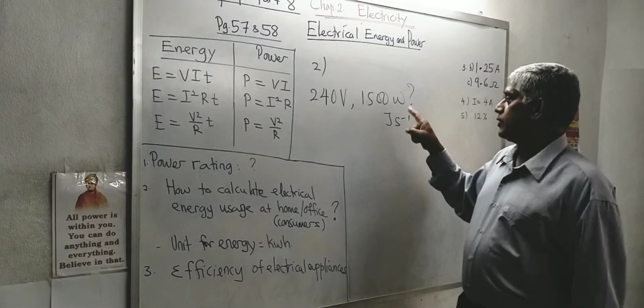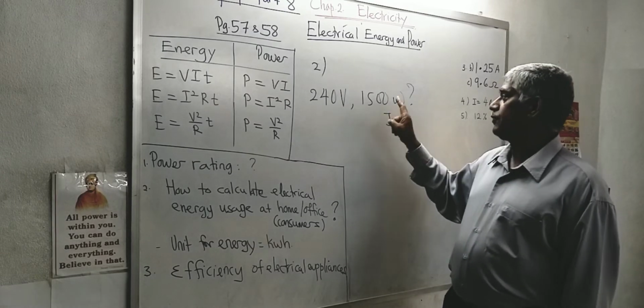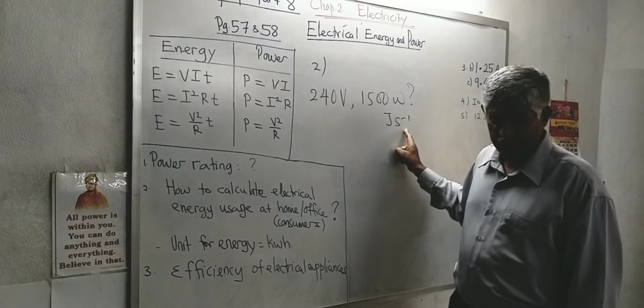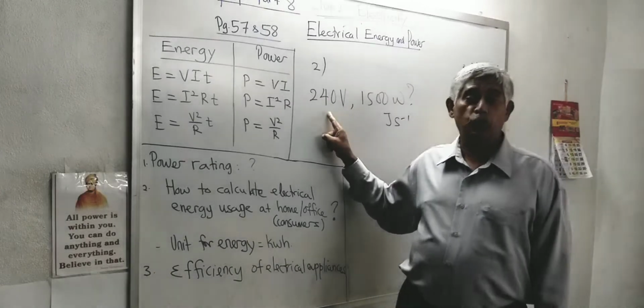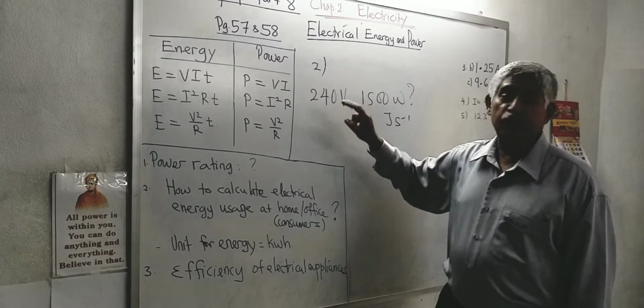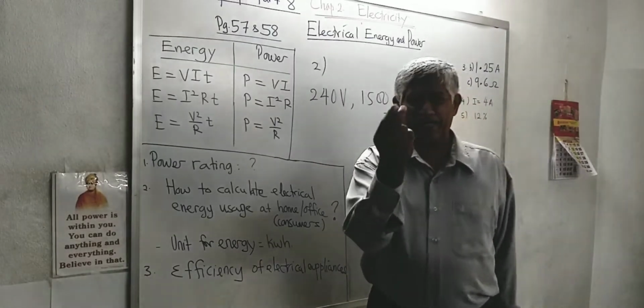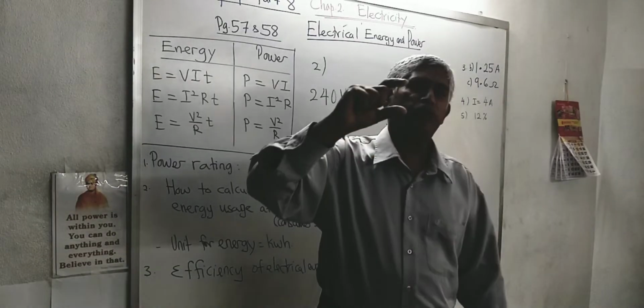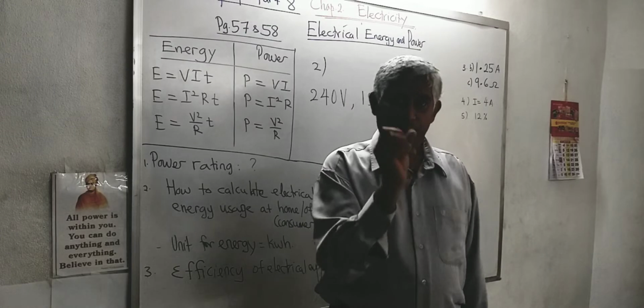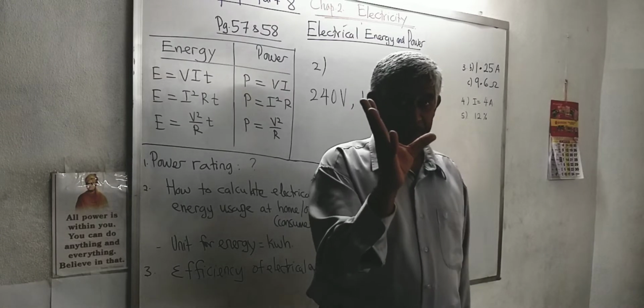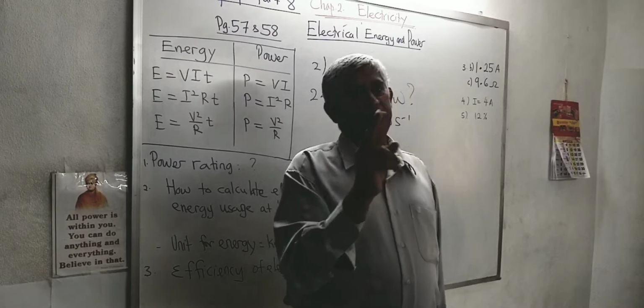So the electrical kettle consumes 1500 joule for every 1 second if it is connected to 240 volt. That means if you don't connect it to 240 volt, it won't give you this energy. Let's say you take an example, a small bulb. We are supposed to use 2 batteries for the bulb to light up at normal brightness. Let's say you are using only 1 battery.